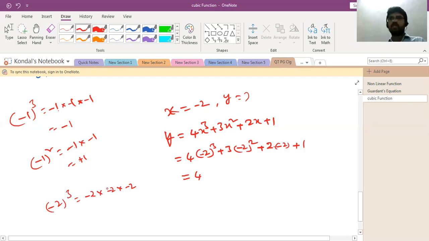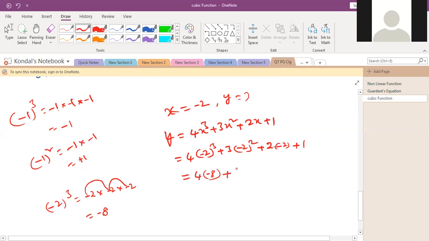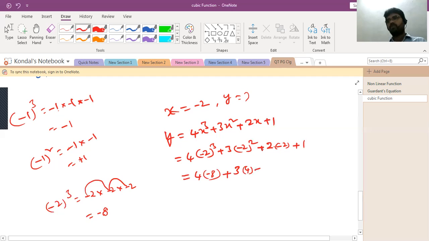So minus into minus is plus, plus into minus is minus, 2 into 2 is 4, 4 into 2 is 8. Then minus 2 into minus 2 is plus 4. Here plus into minus, minus 2 into 2 is 4, plus 1.